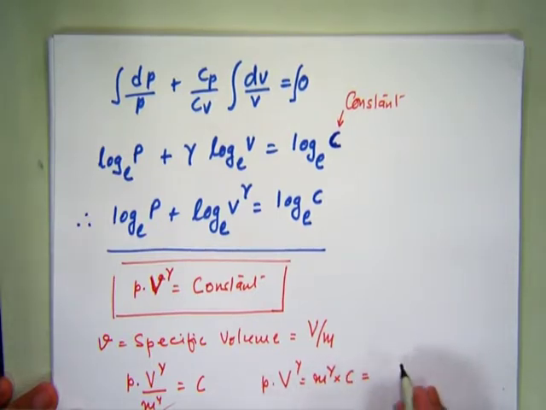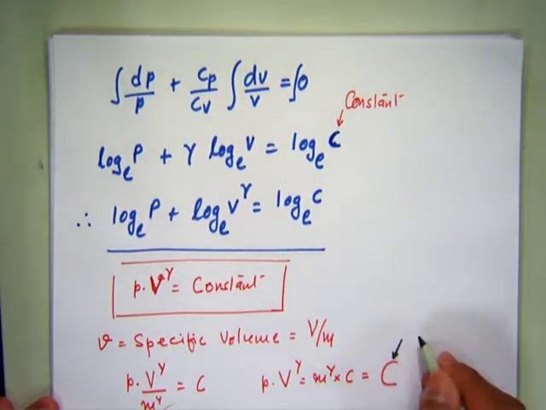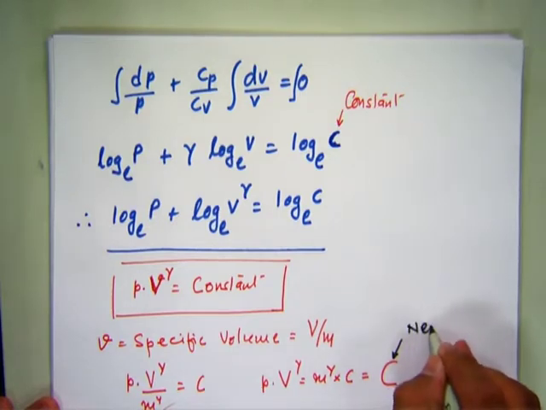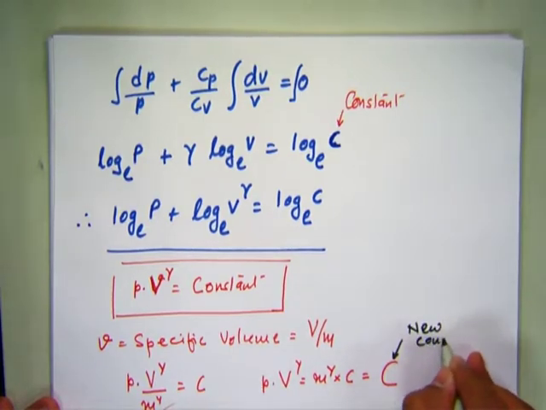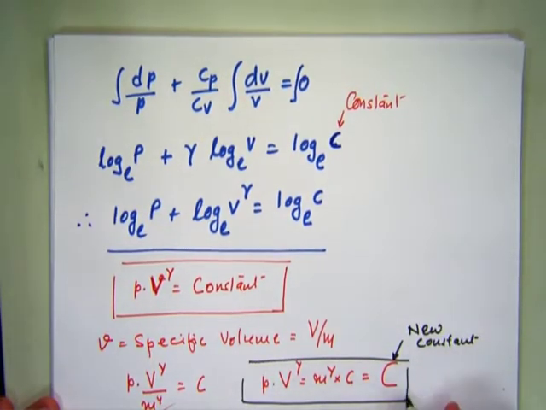So m raised to gamma into C is another constant, a new constant C. P into V raised to gamma is equal to constant.